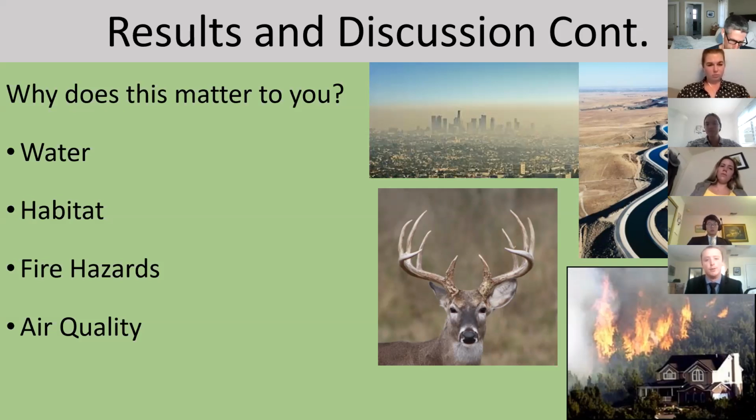Fire hazards, I mean, that's obvious to everyone. Nobody wants their house to burn down. It's really dangerous. And the CO2 that gets released by a forest fire is almost incalculable. I read somewhere that forest fires release about the same CO2 as all auto pollution, which is very interesting.